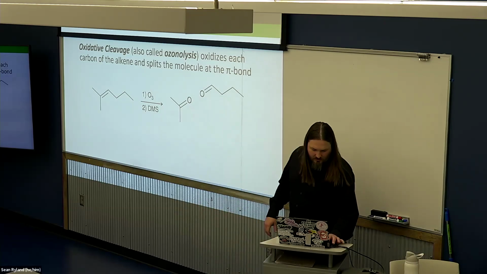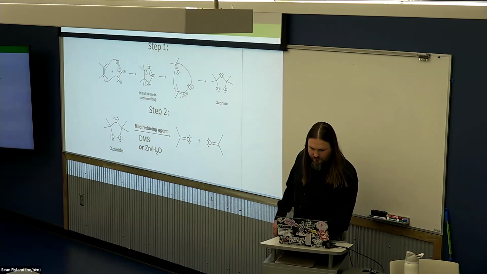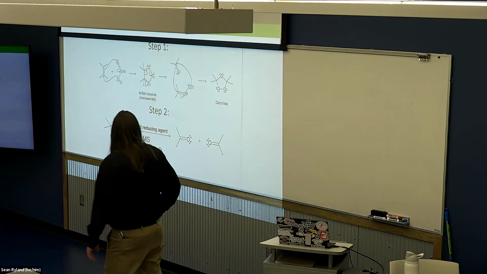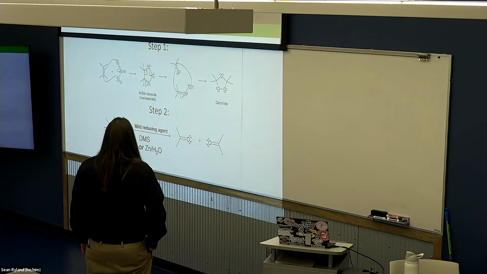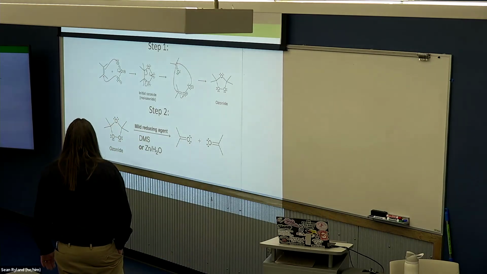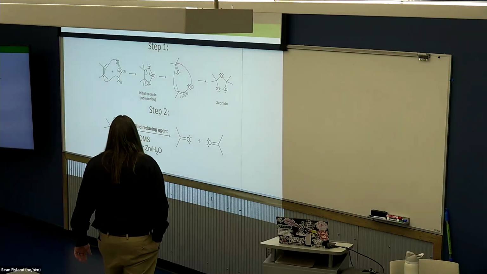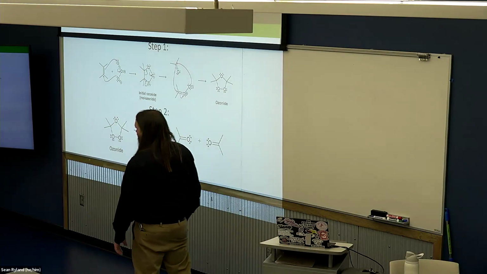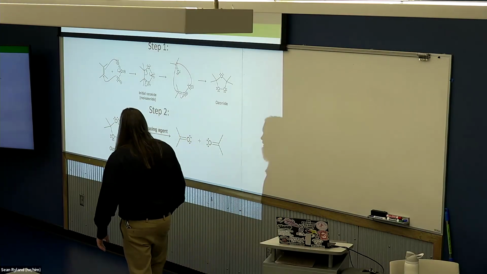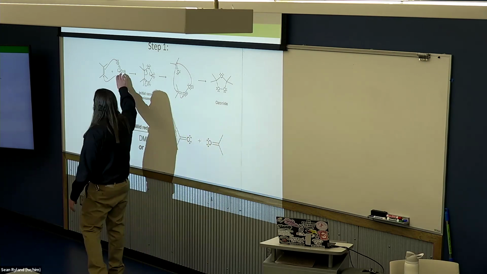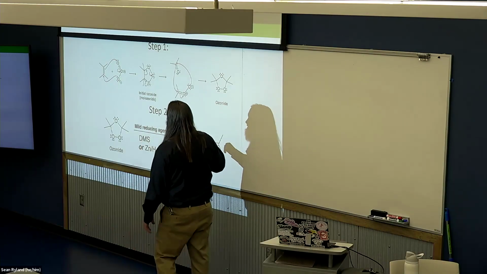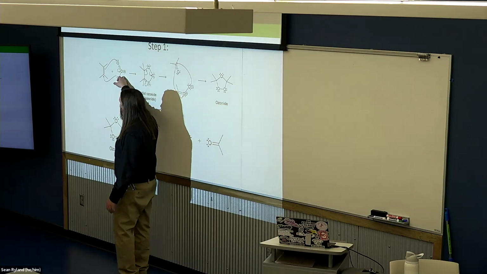And so our mechanism for this is one of the trickier ones because it does have several rearrangements that happen and multiple steps that all have more than one arrow at a time. So the first step with ozone, one of the tricks is recognizing why ozone is so reactive: it has this bent structure.